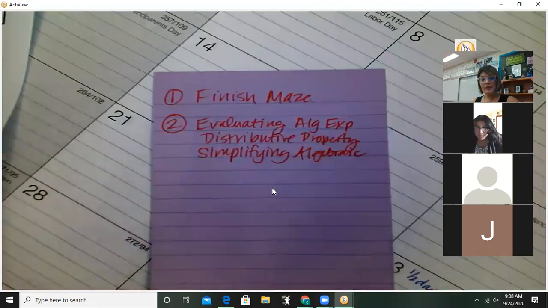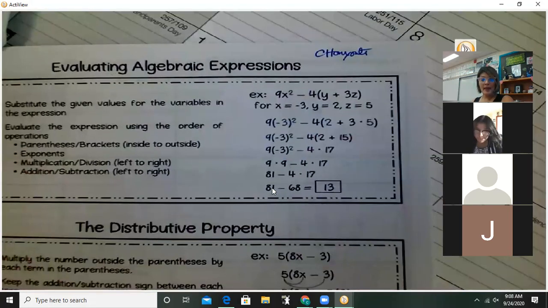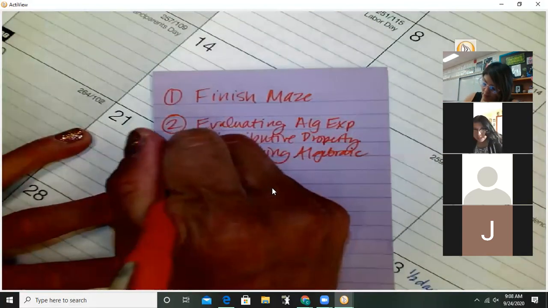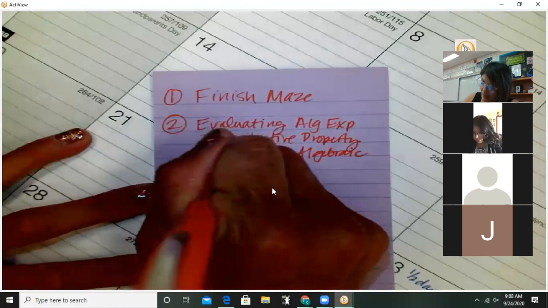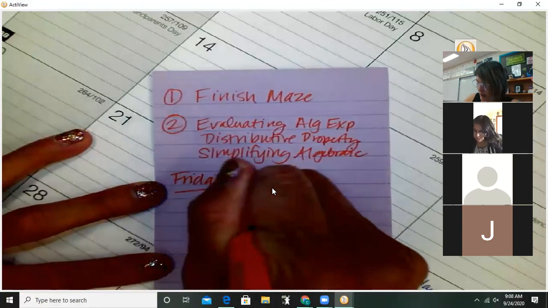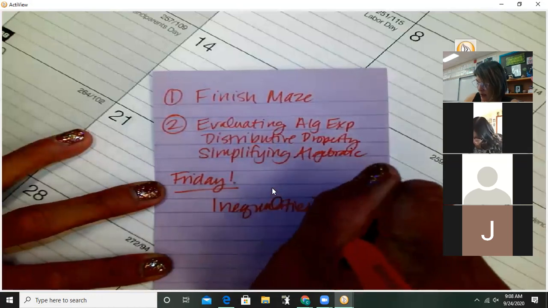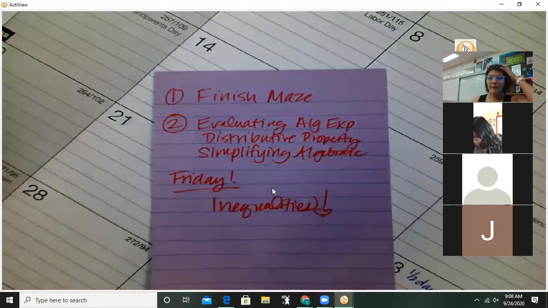And that's on this worksheet right here, the back side. So that's your work for today, okay? And then tomorrow, I'll put tomorrow, Friday, inequalities. Yay! Okay, does anybody have any questions?